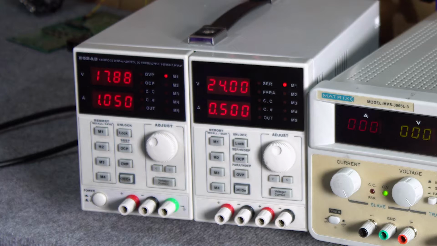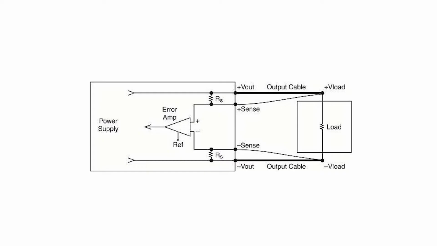Some power supplies have the option of connecting so-called 4-wire. The 2 internal terminals are responsible for providing the current, and the 2 external terminals are connected to the ends of the wires in such a way that the current flowing through them is negligible. Thanks to such a solution, the voltage on the external terminals is the same as at the tested device.